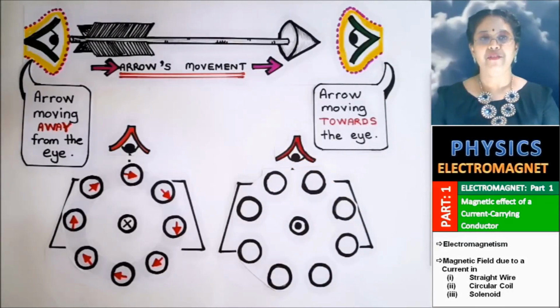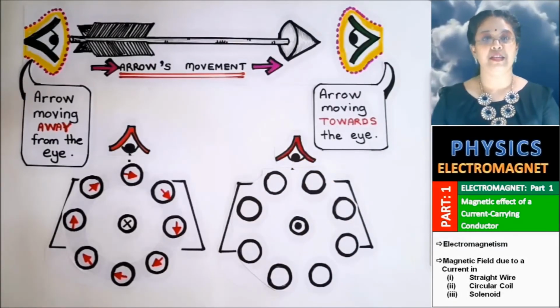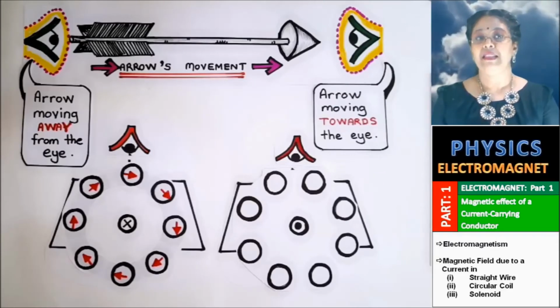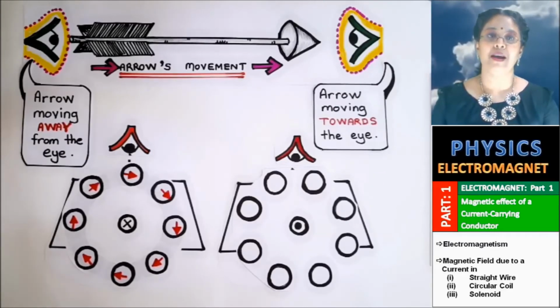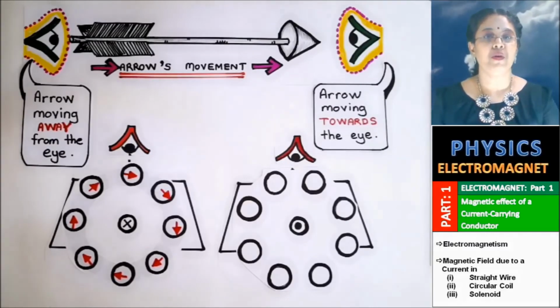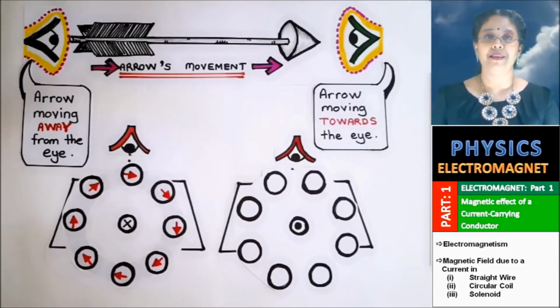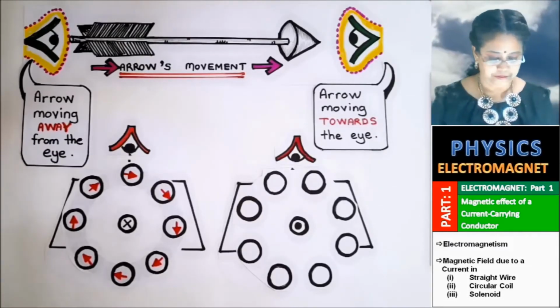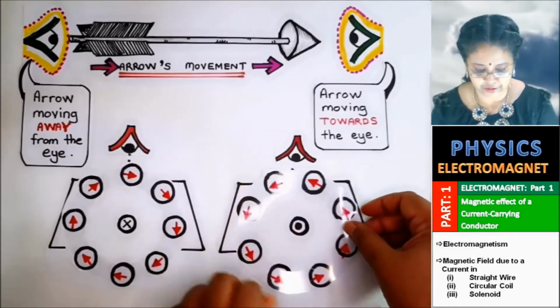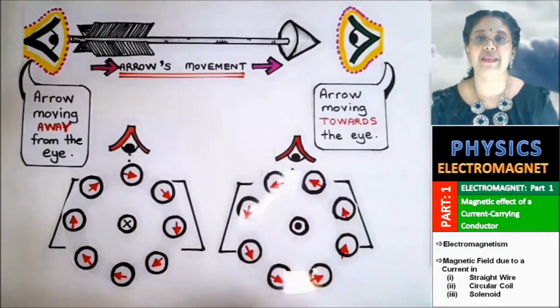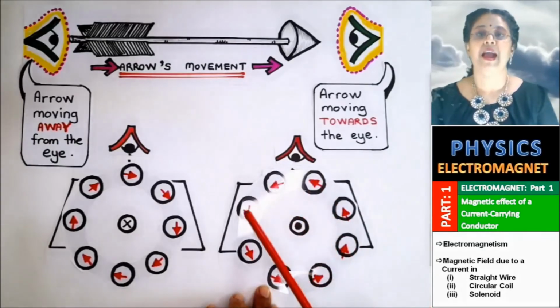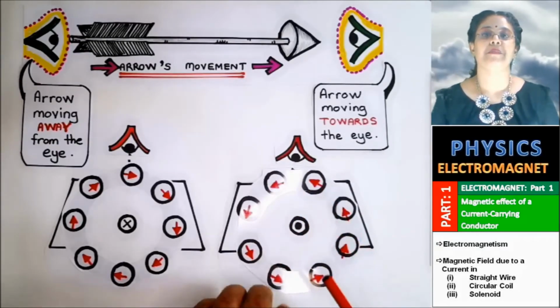So your other fingers now go around in the direction of the magnetic field, and this shows anti-clockwise direction. Thus we draw the direction of the compass as anti-clockwise. You can see that this goes in an anti-clockwise direction.